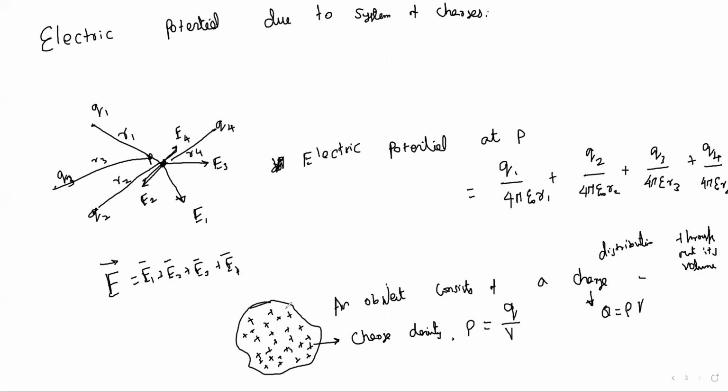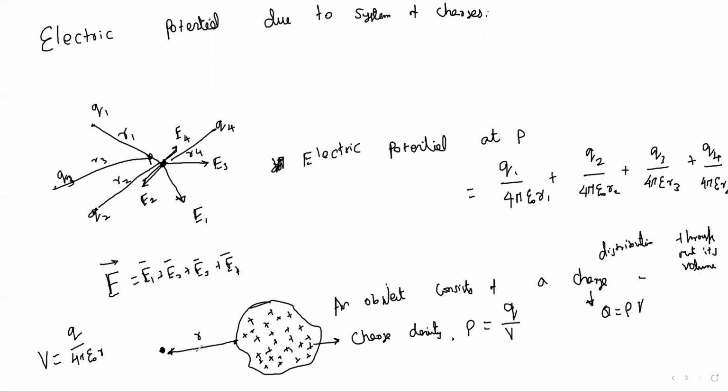So for this case, if you want to find the electric potential at this point, what is the formula? The simple formula is Q by 4 pi epsilon 0 R. But we don't know where this R is located, from which point we have to take the distance.